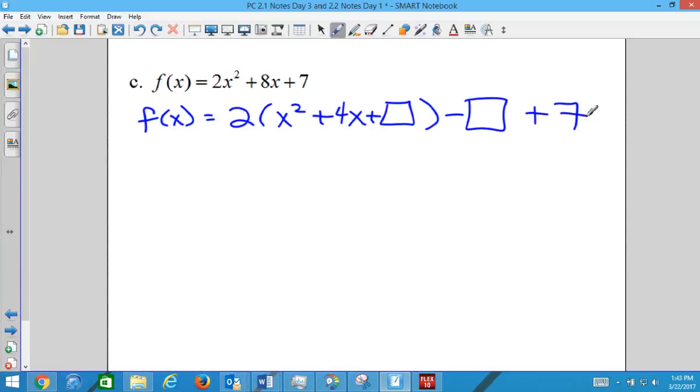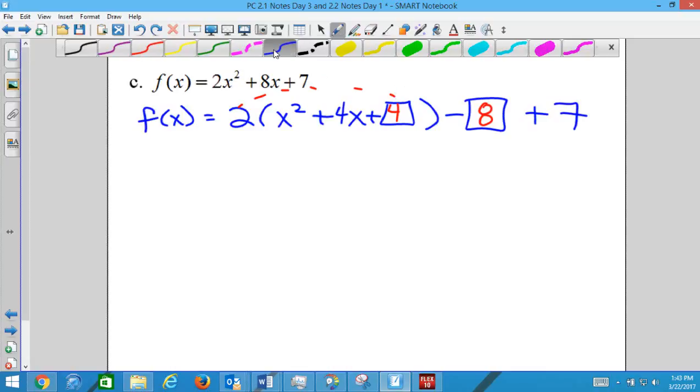So I did the factoring of only the 2 terms, not out of all 3 of them. What goes in the first box? 4. What goes in the second box? 8 goes in and we subtract 8. It's 8 though, because remember if there's a 2 in front, we can multiply that by 4 before you do it.